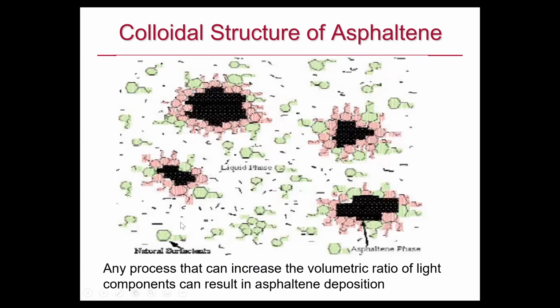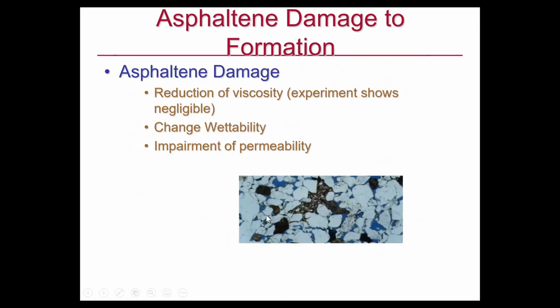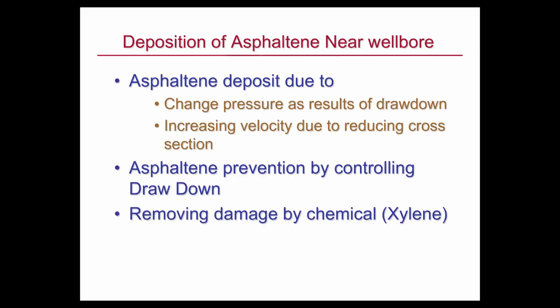And we discussed this before, because it can form in the reservoir, asphaltene is a surface acting material, can change wettability from water wet to oil wet, and that will reduce your overall recovery. So in the reservoir, that can be a serious problem.